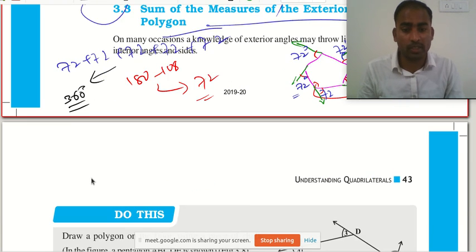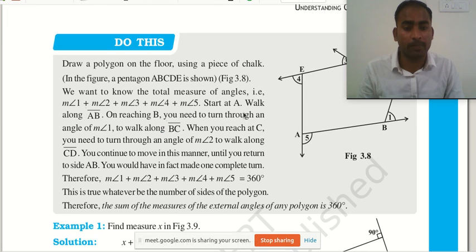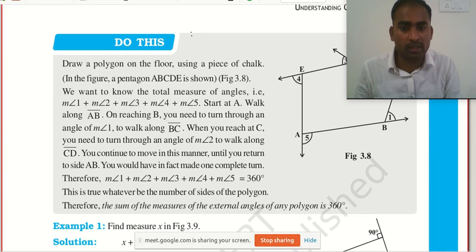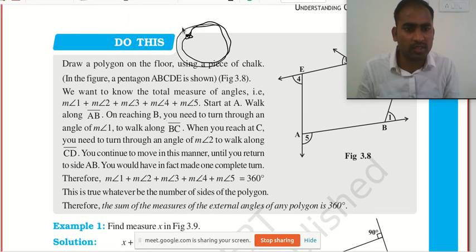From this you can say that for any polygon, the sum of exterior angles is equal to 360 degrees only. Why? Because when you start at one point, you come back to that same point only. That is the reason. Clear?